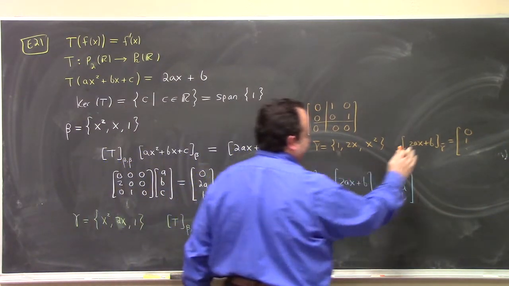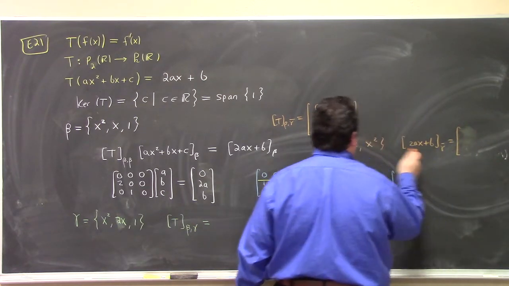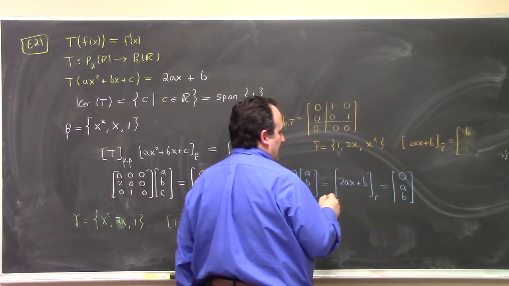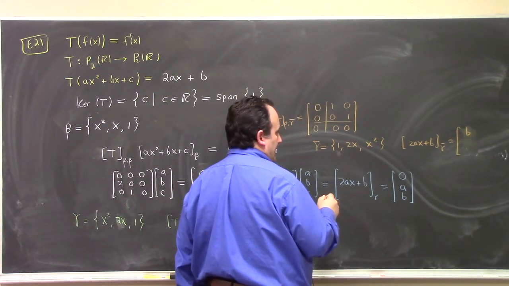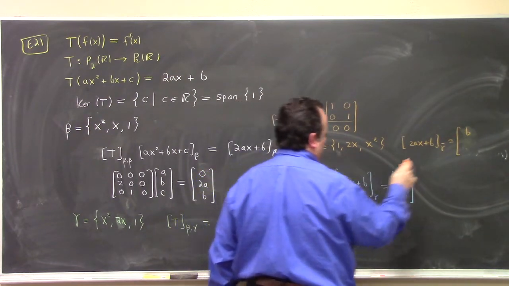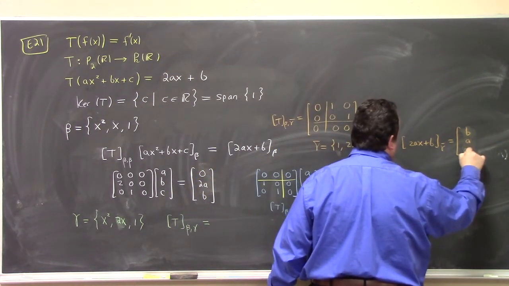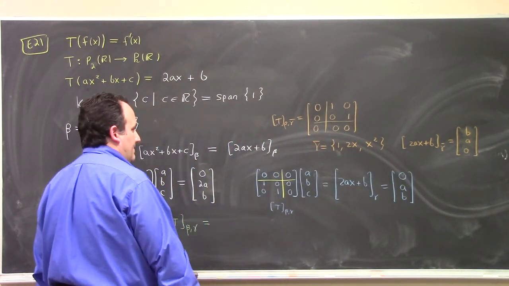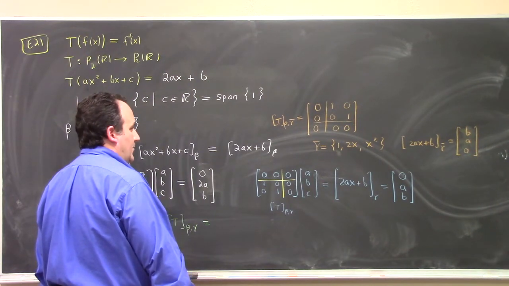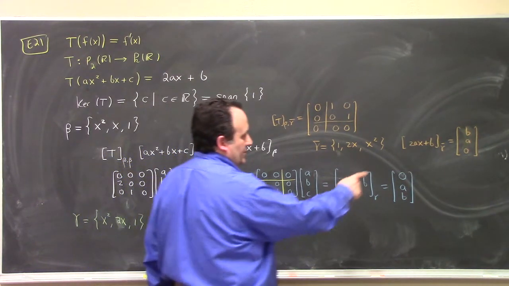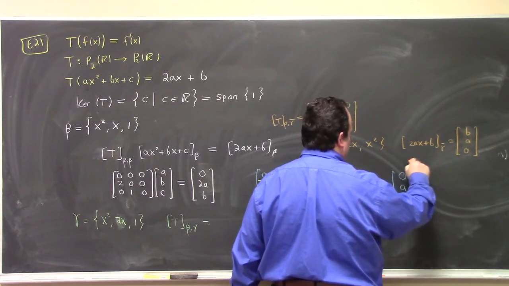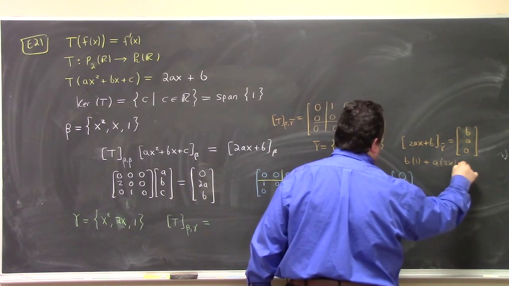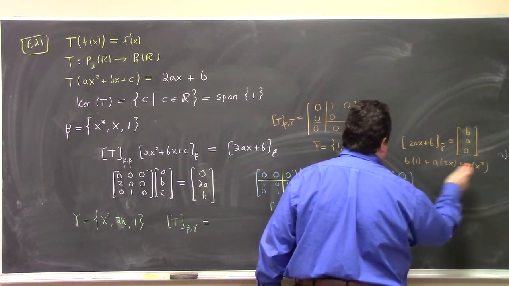Oh yeah, my bad. You want b, and then 2ax, a. But that would give you an x squared. So in terms of the gamma basis, I've got b times 1 plus a times 2x plus 0 times x squared equal to my vector.